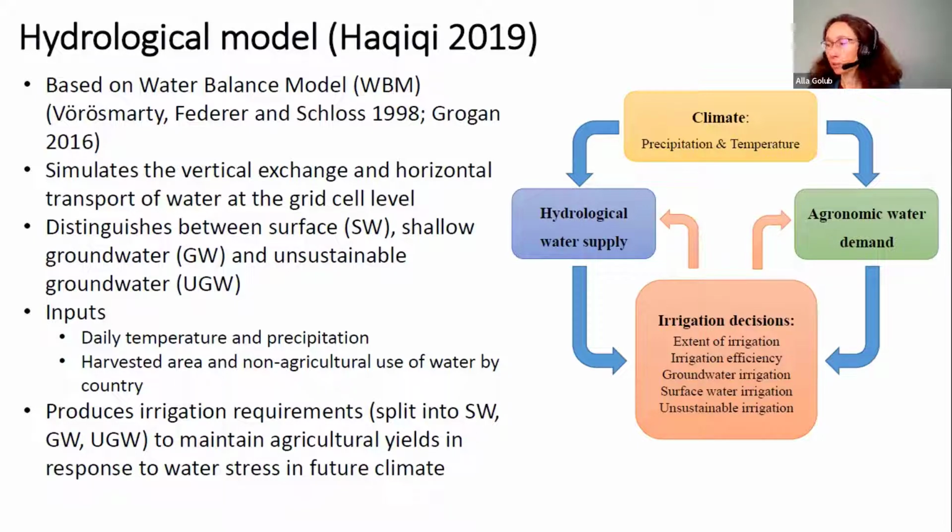And the model also tells us how this requirement is met by withdrawals from surface water, shallow groundwater, and deep or unsustainable groundwater. And with less precipitation, less surface and shallow groundwater will be available, which will be compensated by larger withdrawals from unsustainable groundwater.